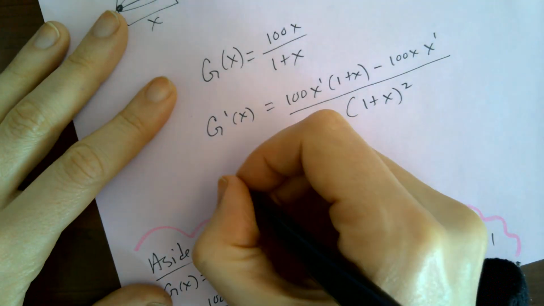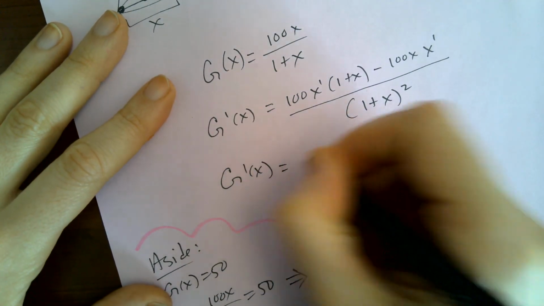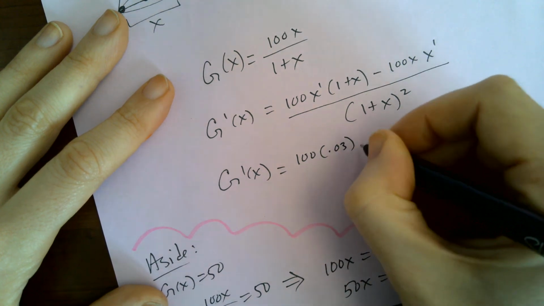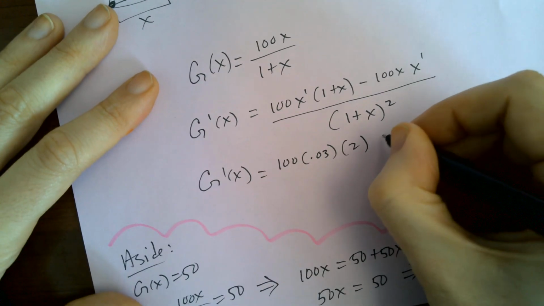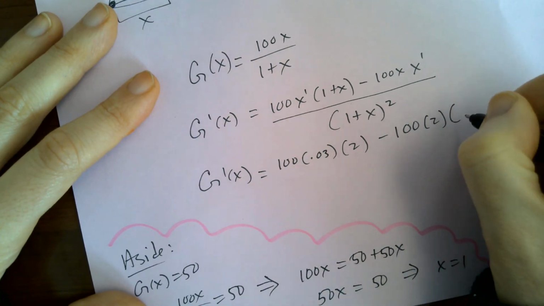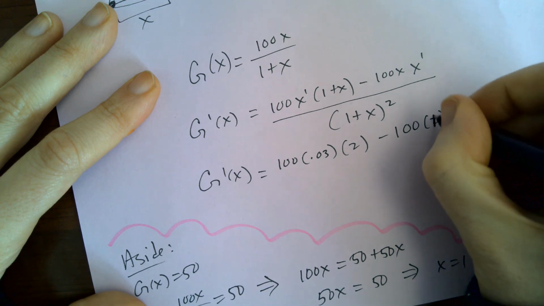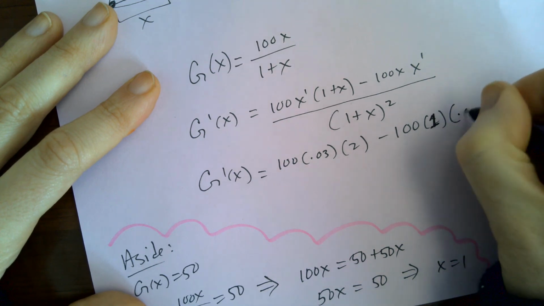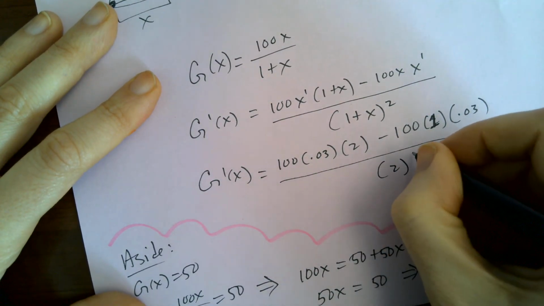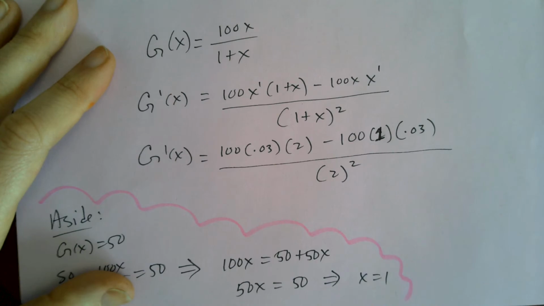So I've got g prime of x equals 100 times 0.03 times 2 minus 100 times 1 times 0.03, all over 2 squared.